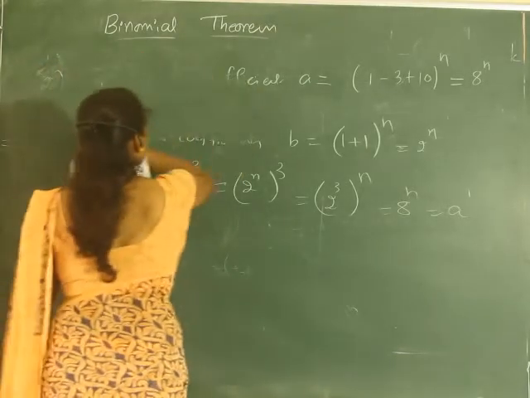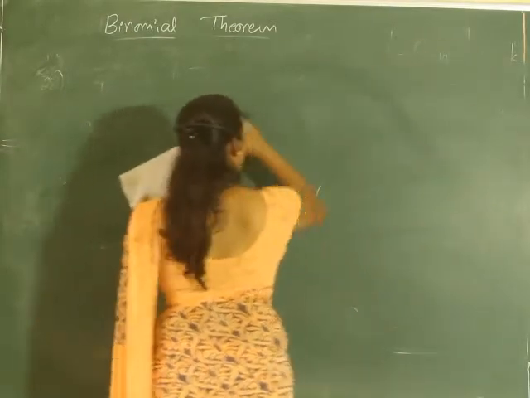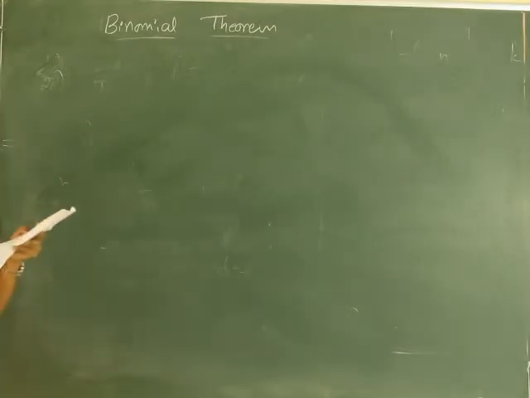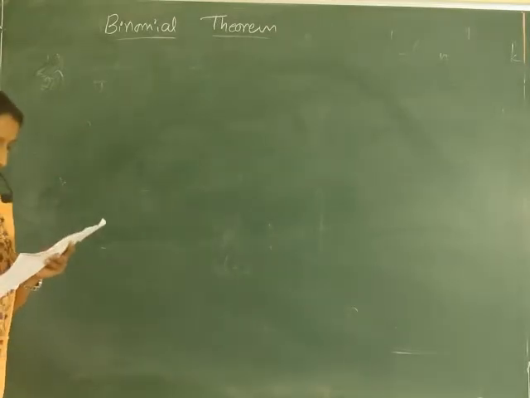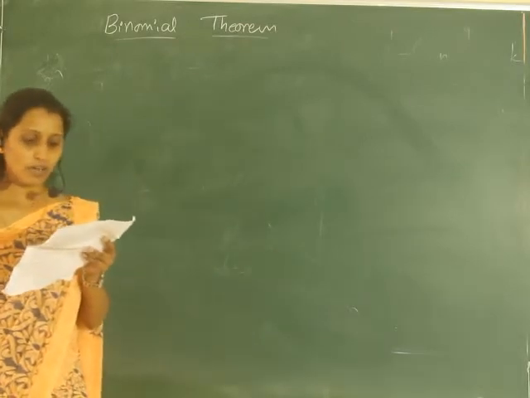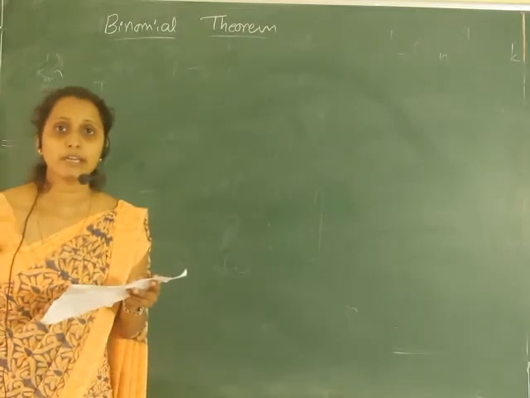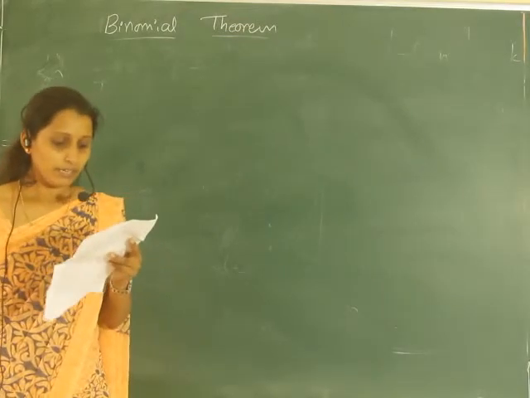29th. If e power x divided by 1 minus x is equal to b naught plus b1x plus b2x square, and so on up to bn x power n, then what is the value of bn minus 1? So it is given, one relation is given.